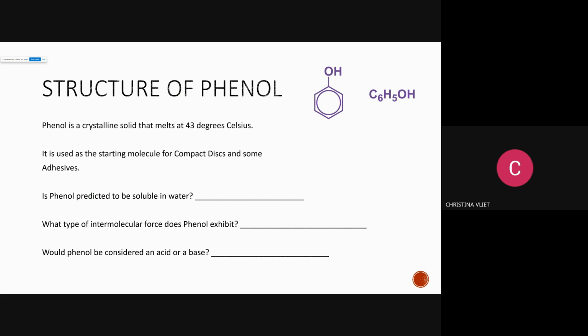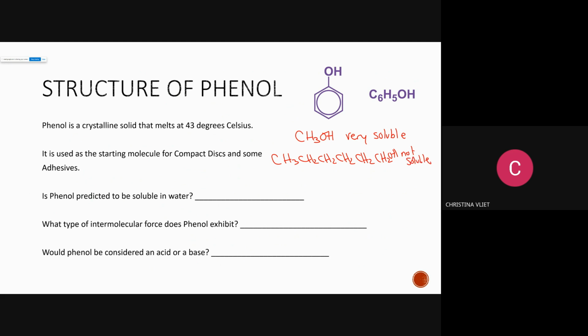The way solubility works is the more carbons you have, the less soluble your substance is going to be. If I have CH3OH, this would be very soluble in water. But the more carbons I add, this is not soluble in water.